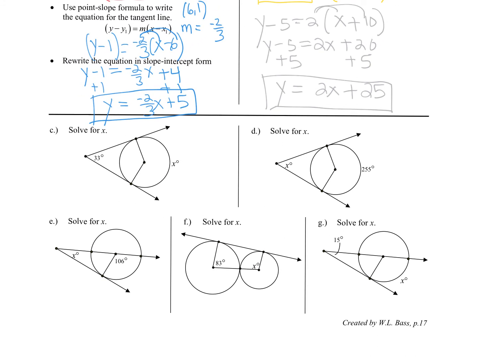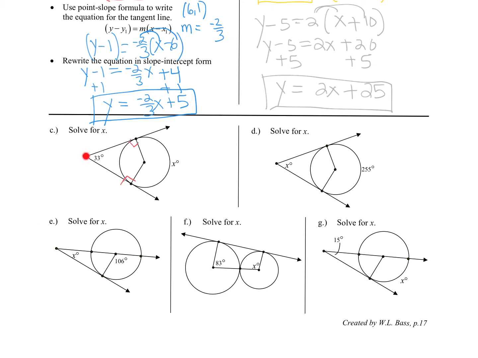Now let's bring this all together and use what we've just been learning to solve for x, okay? So you're going to see that we're pulling things from a couple of different sections right now. So if we look here, we are given that this angle here is 33. What we should know is that this angle here is going to be 90. And this angle here is going to be 90.